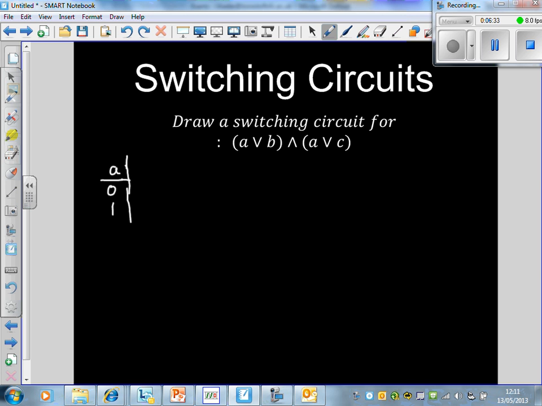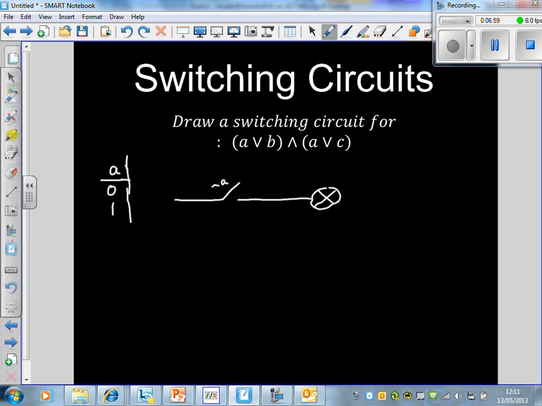Okay, and what we mean by on or off is that 0 represents a state of it being off, and 1 represents a state of it being on. You can think of this very simply as a light bulb and a switch. So we have a switch here, that's the switch A, and there's a light bulb there.